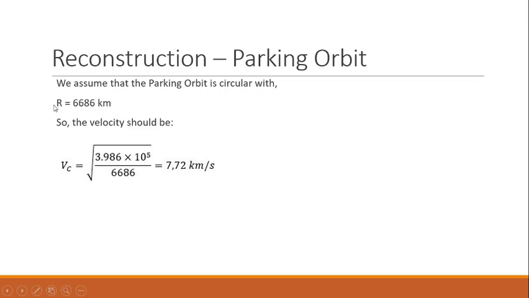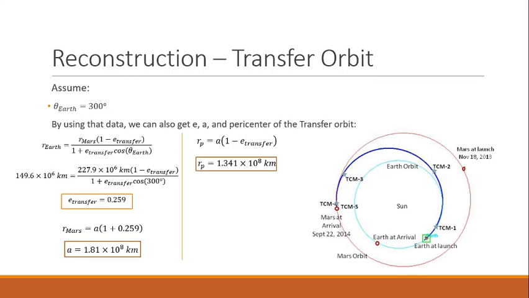So we use the furthest point from the Earth for the parking orbit, so R is 6,686 kilometers. We can find the velocity at the parking orbit by using the vis-viva equation, and we get that the velocity at the parking orbit is 7.72 kilometers per second.